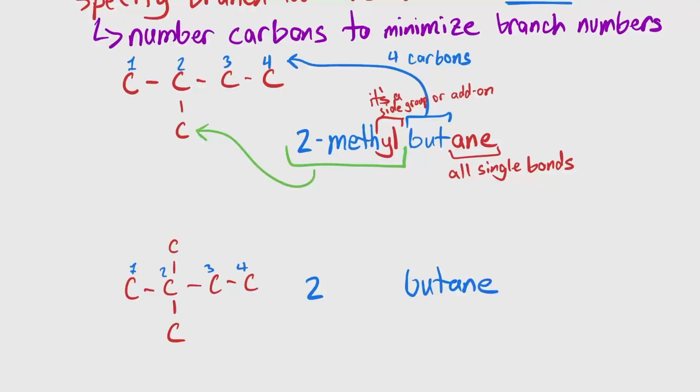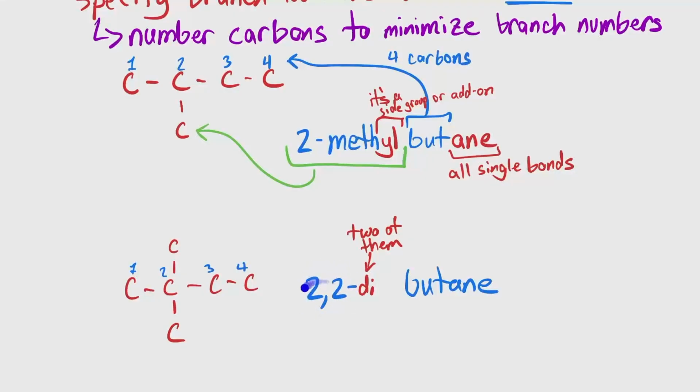On the 2. Also on the 2, so 2 comma 2. And how many of those groups do we have? Meth. They're both meth. How many do we have? We have 2. 2 on the 2. So we use the di prefix. So we do have prefixes, which gets back to the question that we had. So di because there's 2 of them.